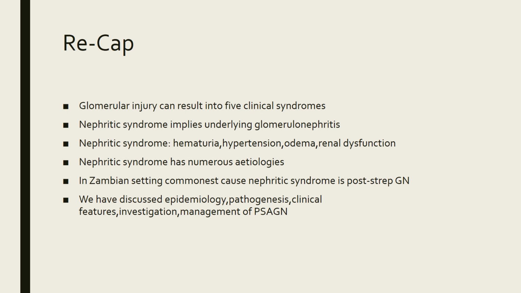And then we talked about the fact that there are numerous etiologies of the nephritic syndrome that must be kept in mind. And we have seen that in our Zambian setting, the commonest cause of nephritic syndrome is post-strep glomerulonephritis. And finally, we ended the lecture by discussing the epidemiology, pathogenesis, clinical features, investigation, and management of post-strep acute glomerulonephritis.